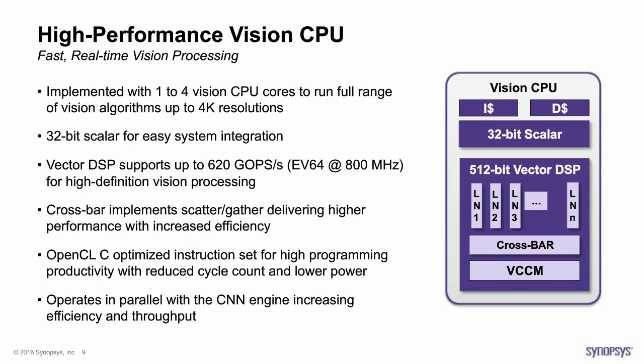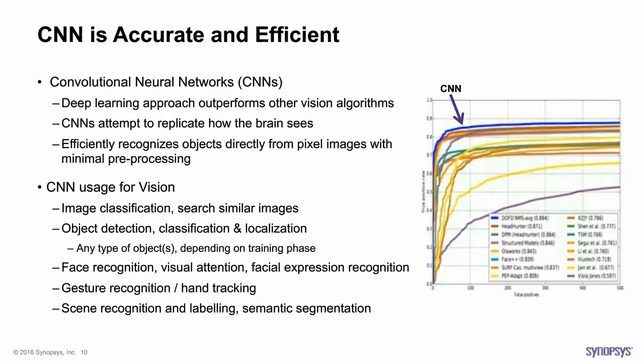And we have full scatter gather capability and predication to keep the performance high, and that's built into the vector DSP. Now, I mentioned the CNN engine on the previous slide. The vision CPU and the CNN engine operate in parallel, so you get more performance out of the processor overall and it becomes more efficient. You can essentially do 2 things at once.